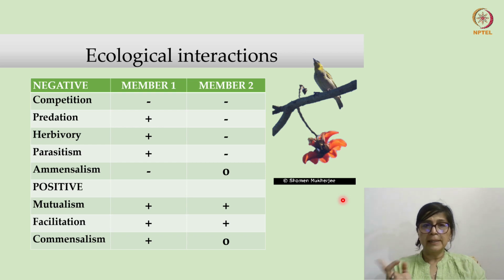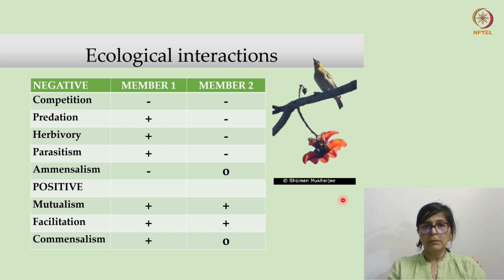In fact, one is competing and the other is enduring that competition, and there is also a cost to that competition. Predation is where one is benefiting, eating the whole thing, and the other member is either dying or their fitness or survival is severely reduced. Herbivory, which is mostly plant specific, is kind of known as predation in plants. So that is similar to predation. We will talk about it a bit.